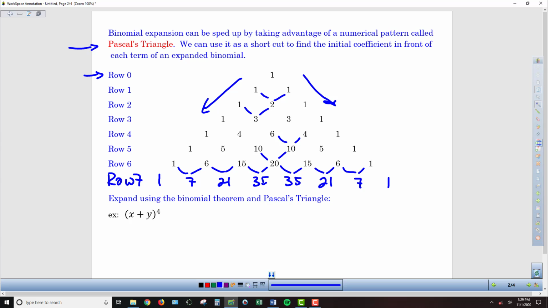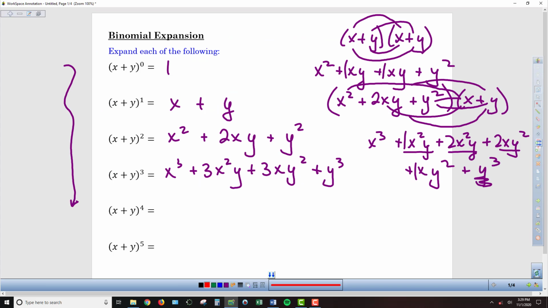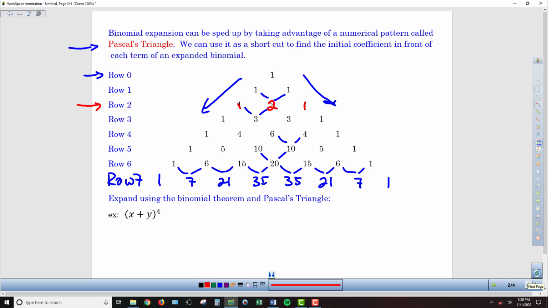So for example, if we take a look at row 2, row 2 here has 1, 2, 1 as the three numbers. If I go back to the previous slide and I look at x plus y squared, what are my coefficients in front of all the various terms? 1, 2, and 1. If we jump back to our Pascal's triangle, and now take a look at row 3 here, we can see we've got 1, 3, 3, 1 as our four numbers in that row.